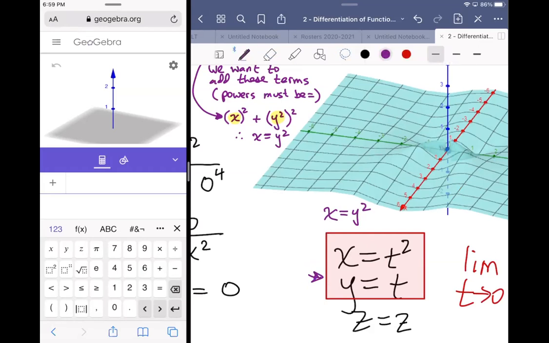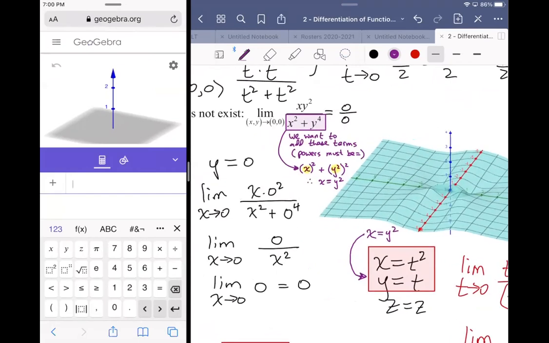And then from there, I work my way back to the other one. Because that's just a quick substitution. I would say, okay, I'm going to let y equal t. And so what do I get as a result for x? x equals t squared. Right? But that comes from that first notion that we wanted those two powers to be equal so that we can combine those terms.